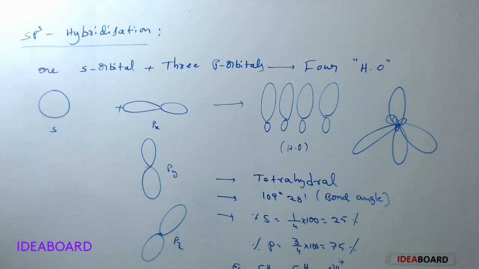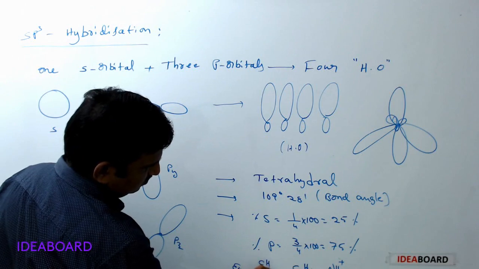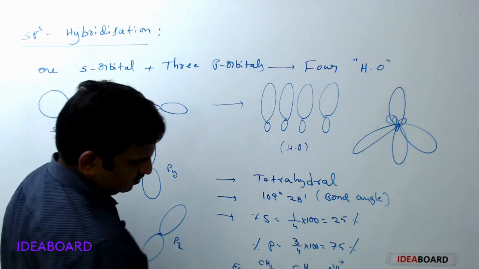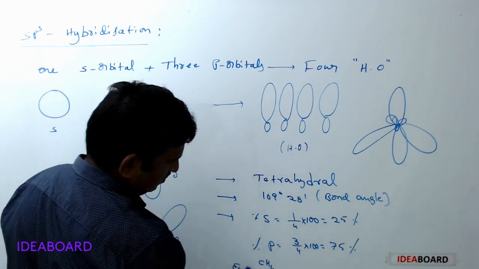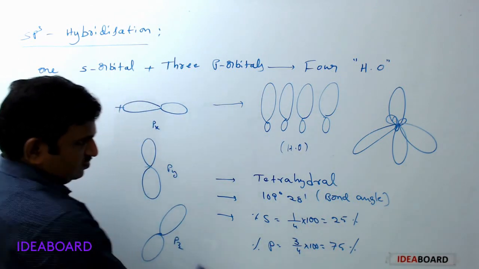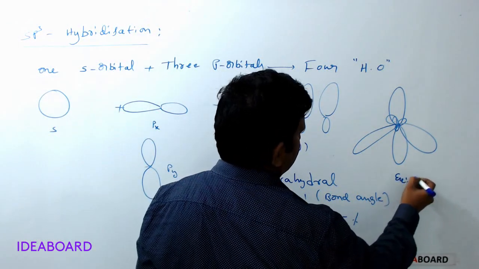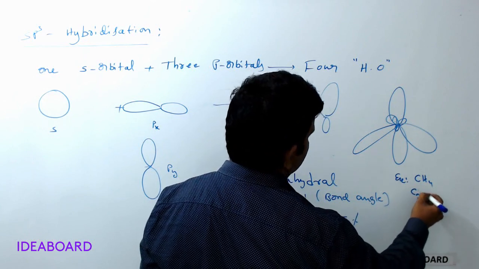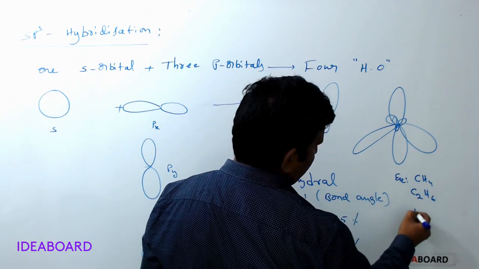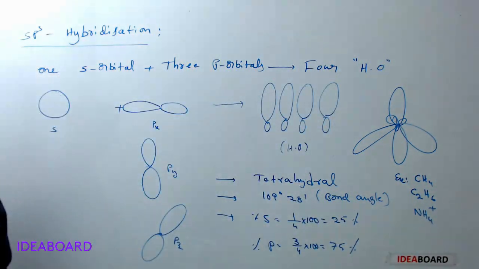So first, the example for this is CH4 methane. Examples are, I am writing here, CH4 methane, C2H6 ethane, and NH4+. We have so many other examples also, we will give later about that.